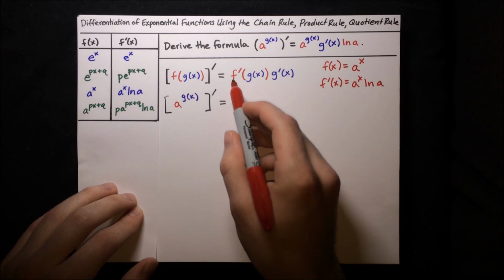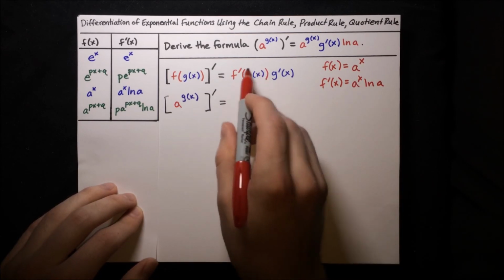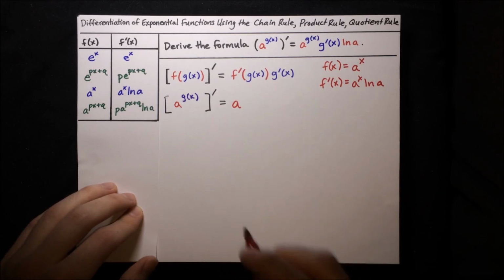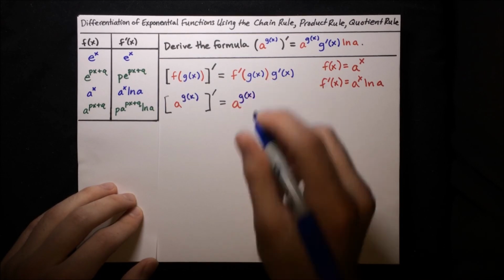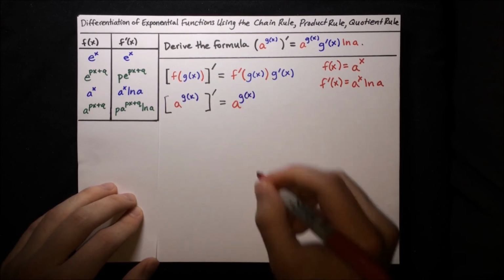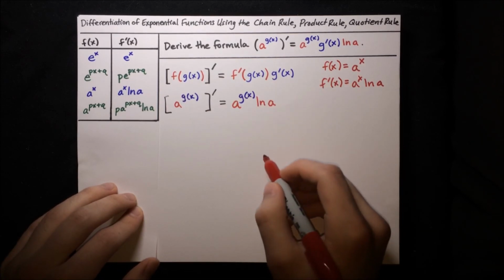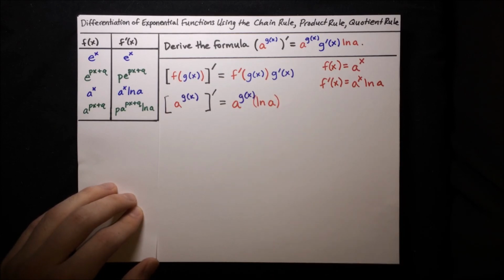So now we're just going to have to plug in g of x into that x here to get that first term in the product. So let's write that. So a to the g of x, and then natural log of a. Okay, and then just times g prime of x, and we'll just keep that as is.